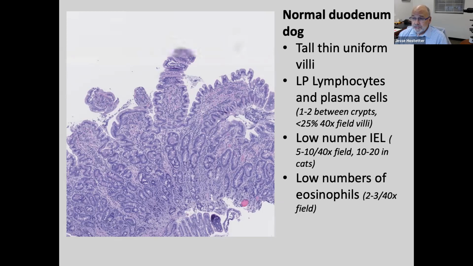I think it's important to realize there are normally eosinophils in the lamina propria, and there are not very many, 2 or 3 in a 40x field, but they are there. And I think there is a tendency, at least I had when I first started, to think I was dealing with an eosinophilic enteritis when it was really within the realm of normal for this particular animal.